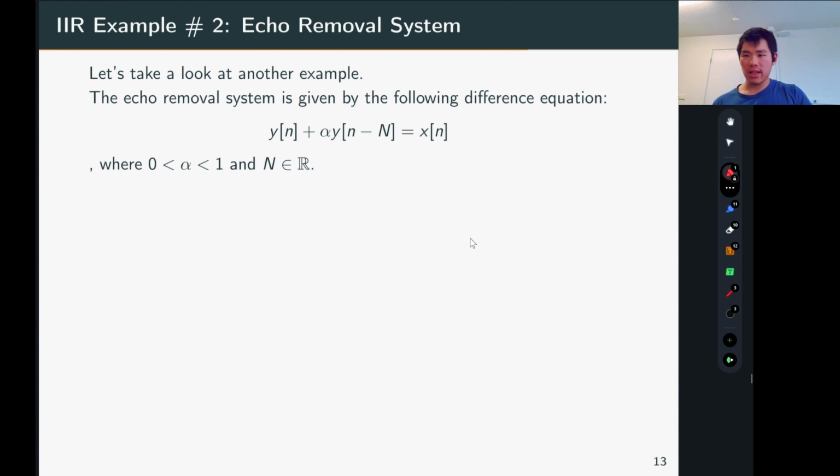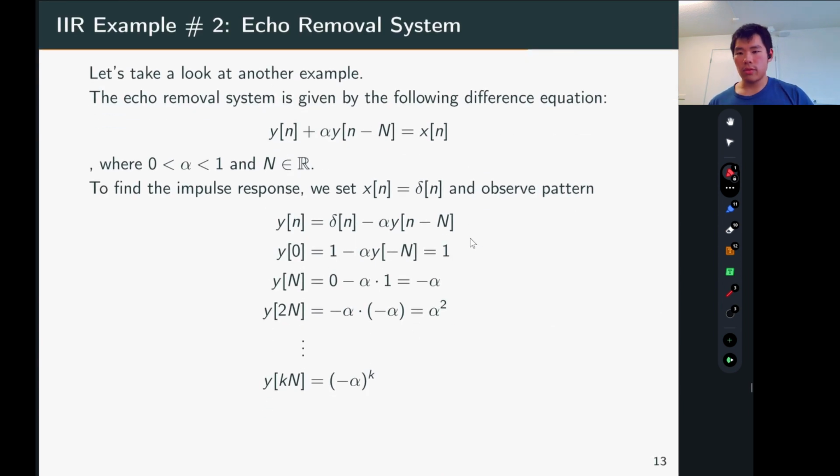So let's take a look at the other example, the echo removal system, and this is the difference equation: y of n plus alpha y of n minus capital N equals x of n, where again alpha is between 0 and 1.